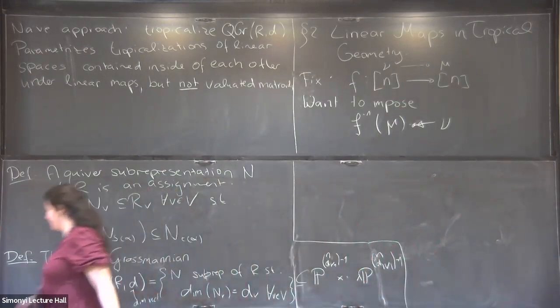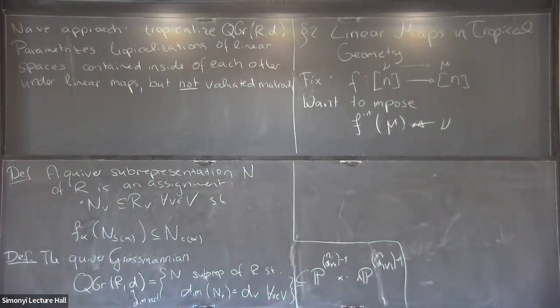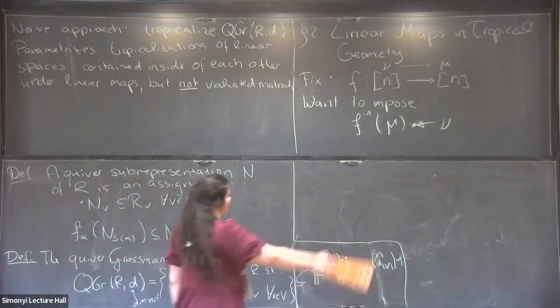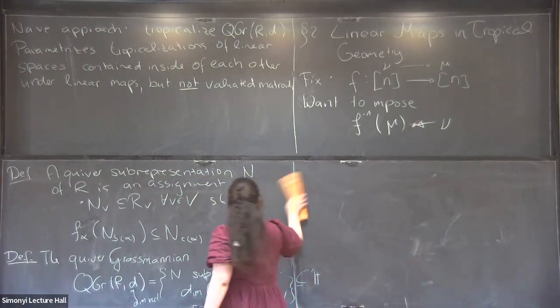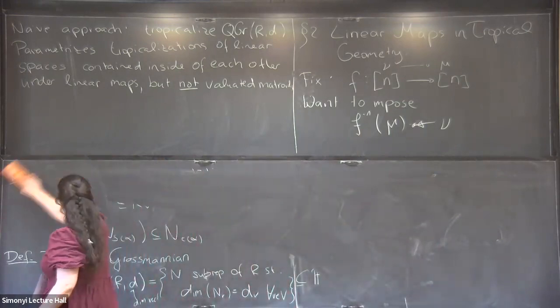Now, to define this matroid quotient, I first need to tell you what this pre-image matroid of a matroid mu is supposed to be.